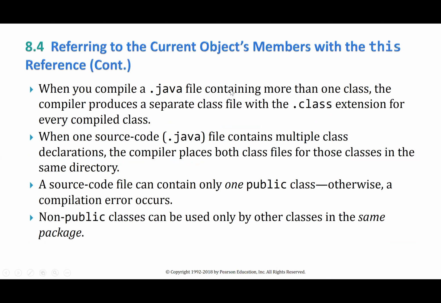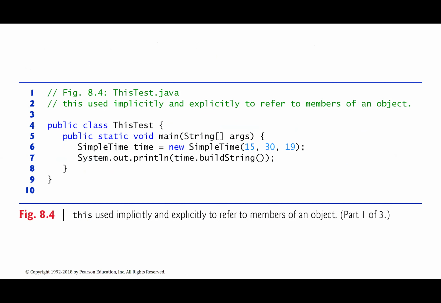Once again, he's putting things in this chapter we don't need, but when one source code file contains multiple classes, the compiler places the classes into separate .class files in the same directory. Don't worry about that. We'll see that much, much later as we go through and do this. All right, so this is used implicitly when you actually do that. So time equals new SimpleTime, and System.out.println time.toString as you look through that.